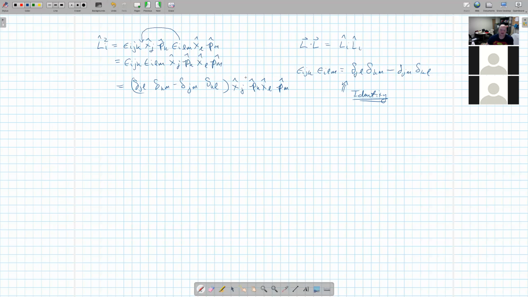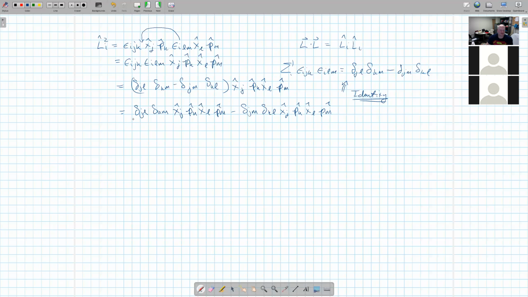So now we're simply going to multiply these things in here and basically just distribute. So I'm going to get delta_jl delta_km acting onto x_j p_k x_l p_m, minus delta_jm delta_kl times x_j p_k x_l p_m. Remember, even though I'm not writing a sum out in front of all this, what we really mean is that we're summing over all of these different indices.